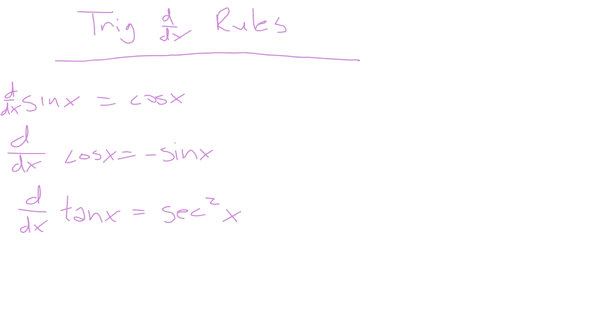The derivative of cosecant of x is equal to negative cotangent of x times cosecant of x.